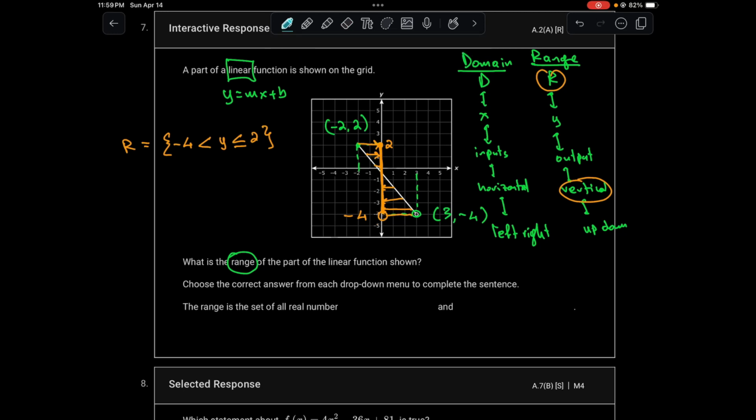I would project on the horizontal axis, and I would follow the entire line, and I would project like this, and the hole would project to nothing, so there would be a hole here. That would be 3 and -2, and the part of the x-axis that would correspond to the domain. In other words, the graph of the domain. This is the graph of the domain, and this was the graph of the range.